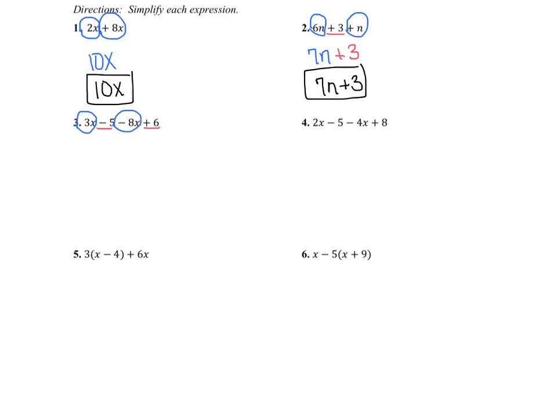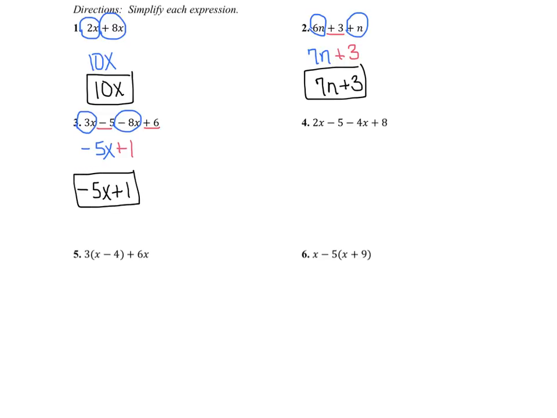So 8 minus 3 is 5, and the higher number is 8. Therefore, we're going to take the negative sign. So we have negative 5x. And then we have negative 5 plus 6. 6 minus 5 is 1. And again, the higher number is 6. So it's plus 1. Therefore, our final answer is negative 5x plus 1.